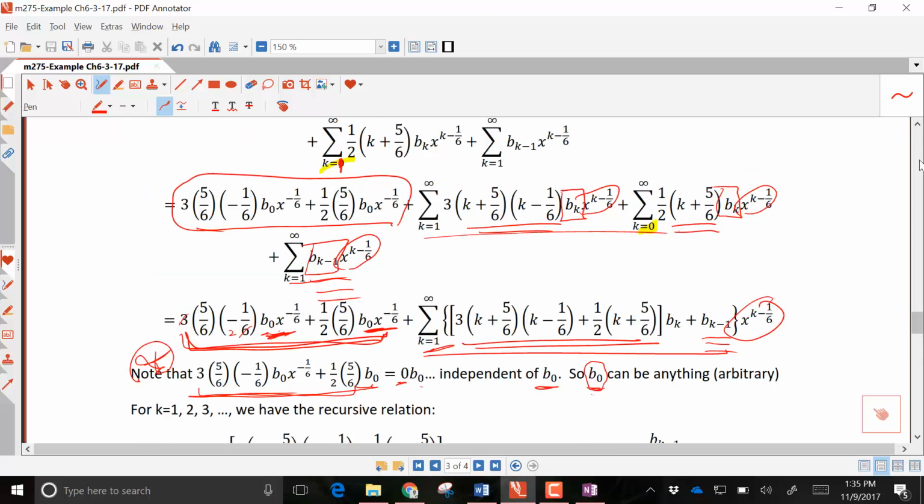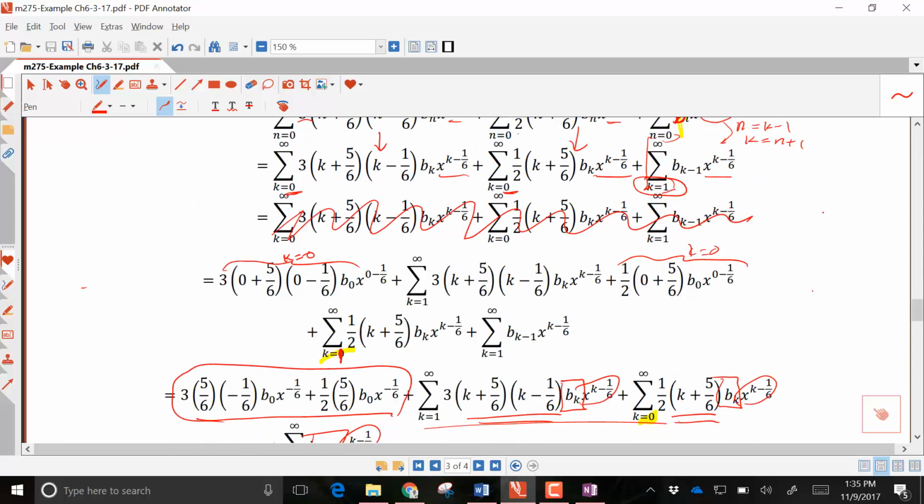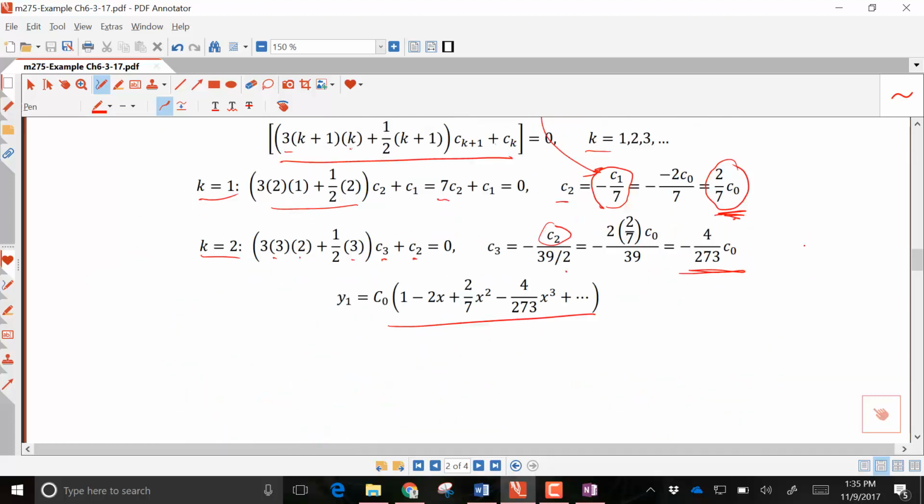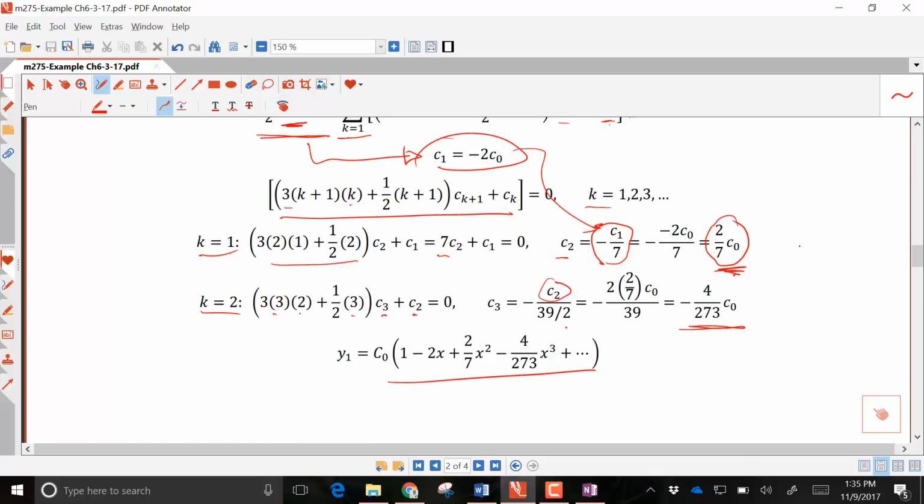So for the y1 term, that would be back in... So this is C1, and this is C2, and C3. Okay.